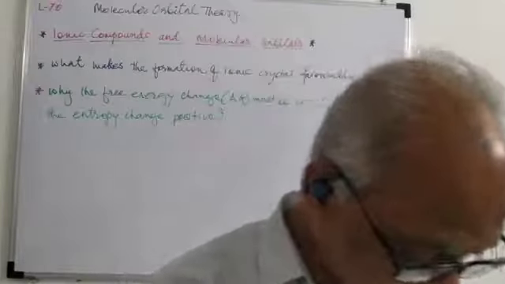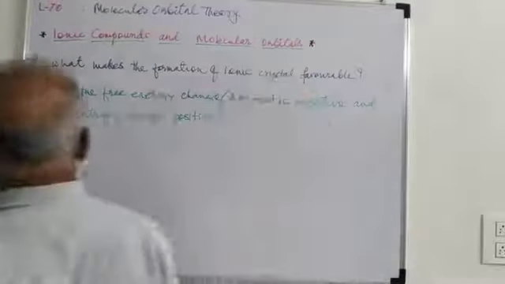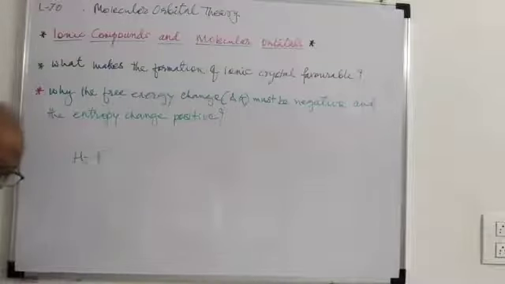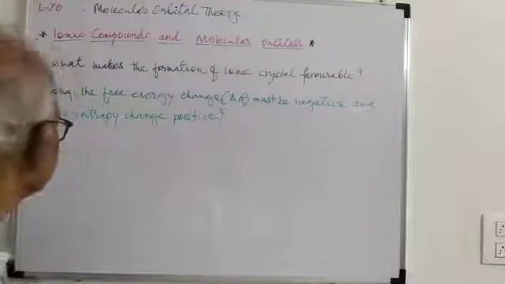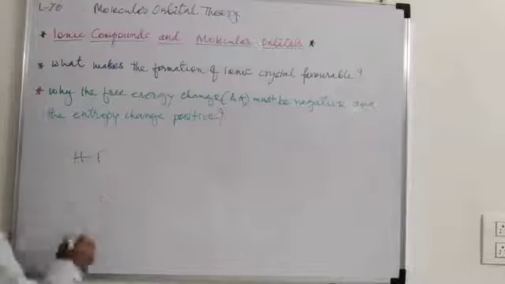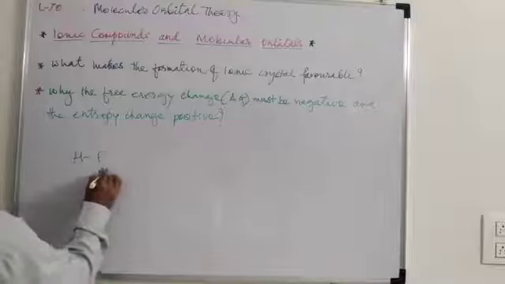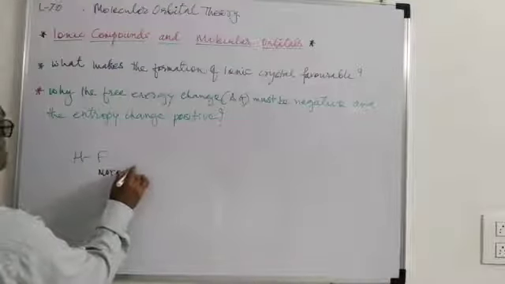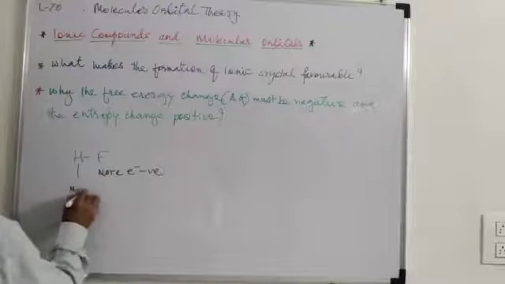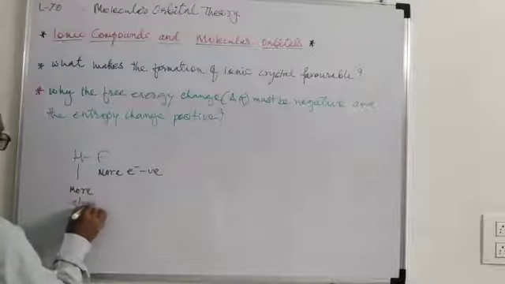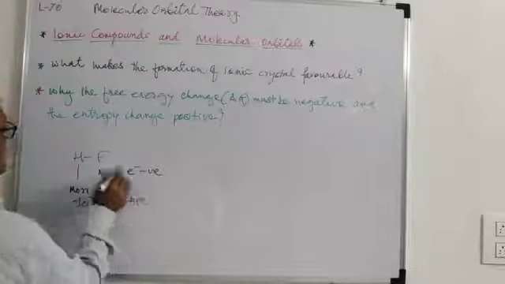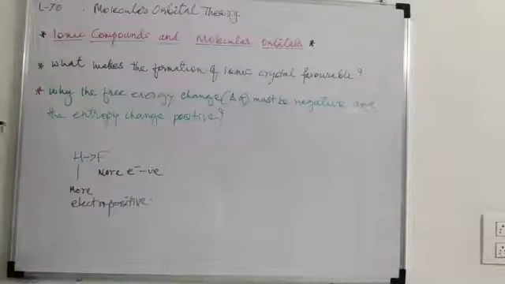For example, if we consider the HF molecule, in this case the fluorine is more electronegative, and hydrogen is more electropositive. So that is why the electron density is moving in this direction.